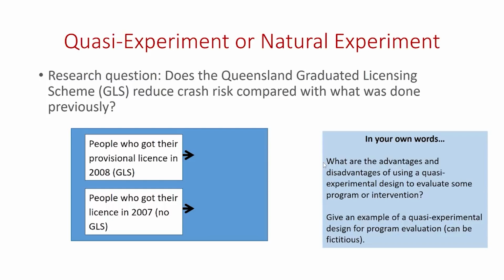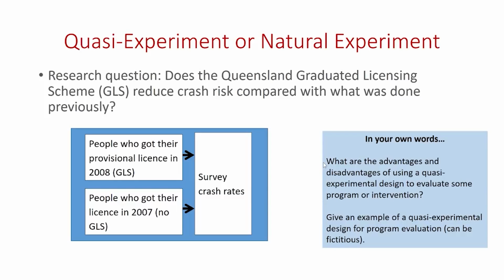So you've got 2 groups, one group that's gone through the graduated licensing scheme and one group who hasn't. But this is not a true experiment, this is a quasi-experiment, because there isn't random assignment between the 2 groups. But we've got our 2 groups, and then we survey how many crashes they have following this.